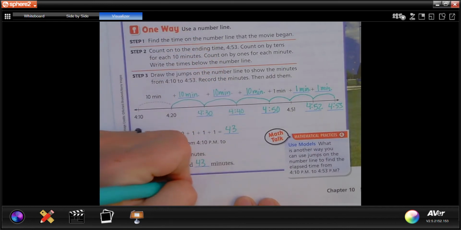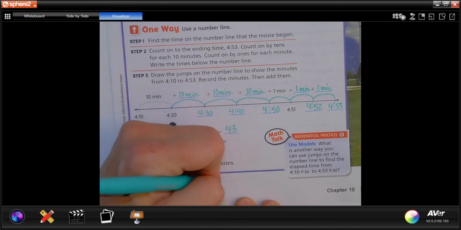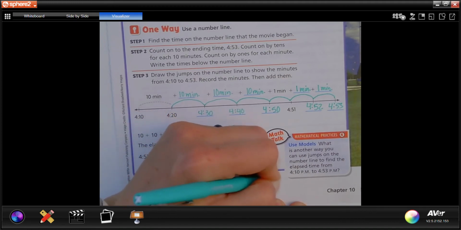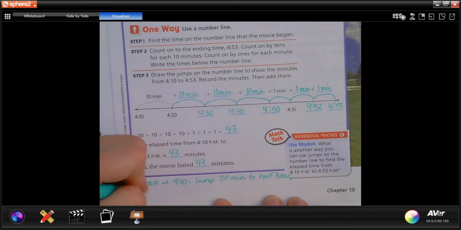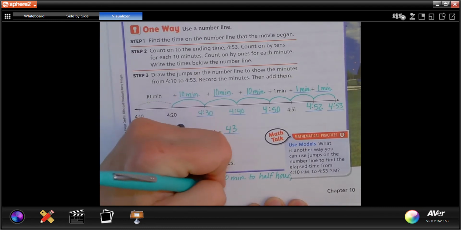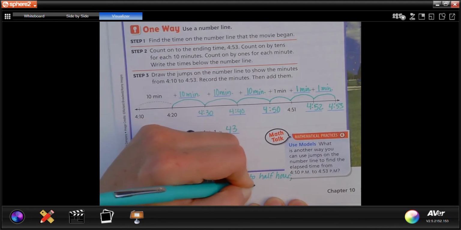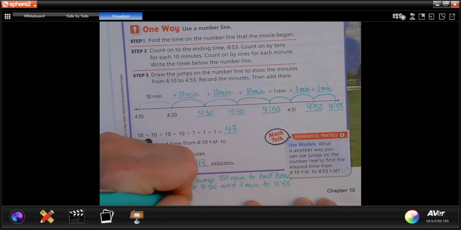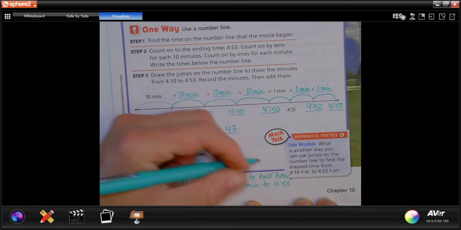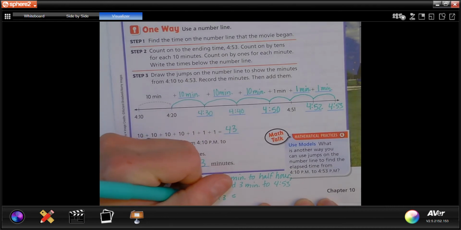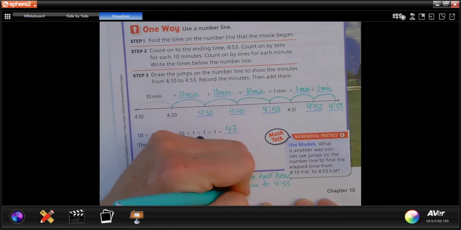So start at 4:10, jump 20 minutes to the half hour, 20 more minutes to 4:50, and 3 minutes to 4:53. So 20 plus 20 plus 3 equals 20, 40, 1, 2, 3. 43 minutes.